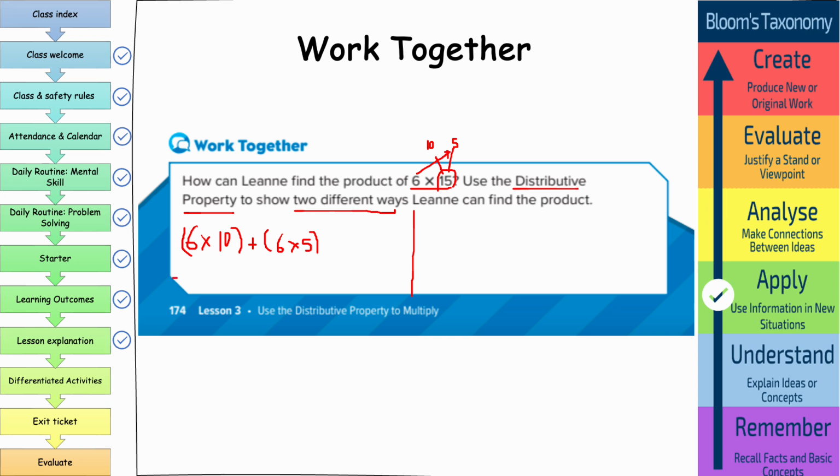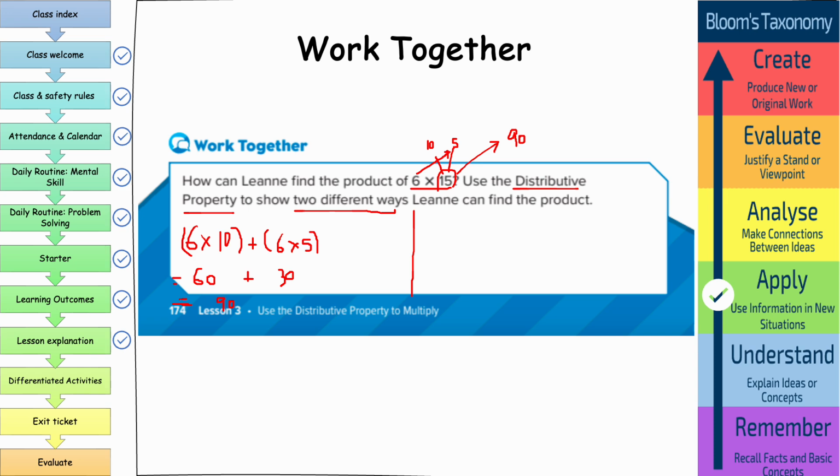So 6 times 10 is 60, plus 6 times 5 is 30. Now 60 plus 30 is 90. So the final answer of this equation is 90.